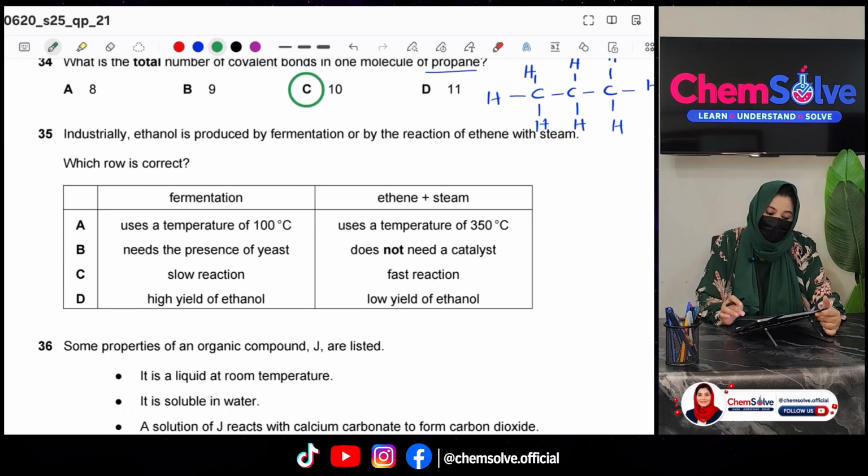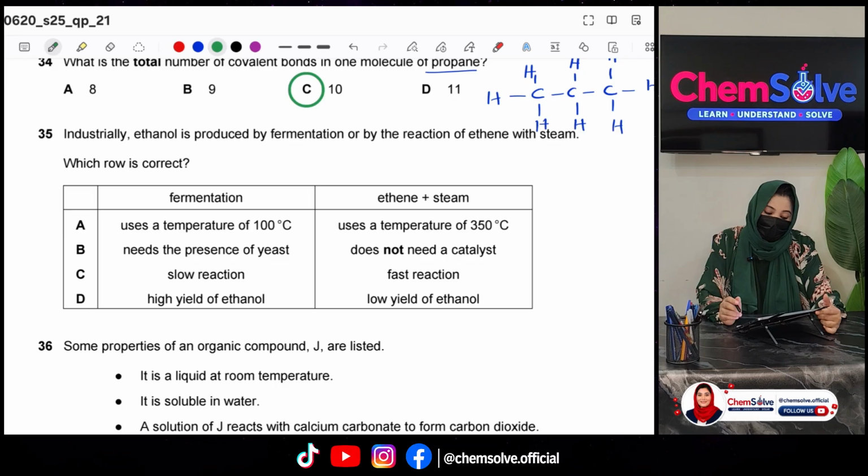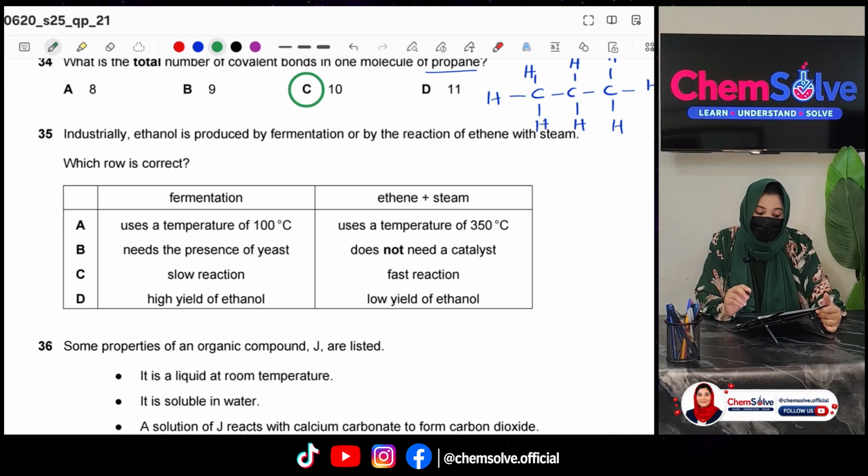Okay. Next is question number 35. Industrially, ethanol is produced by fermentation or by the reaction of ethene with steam. Both are the processes which we use for the production of ethanol.